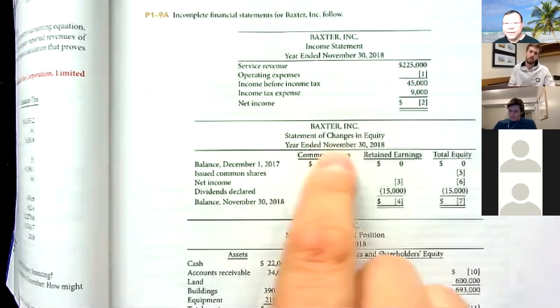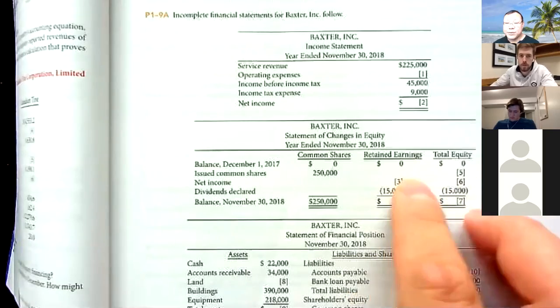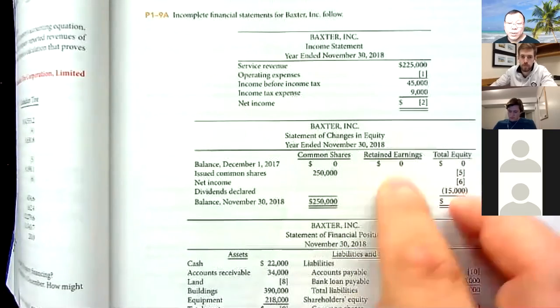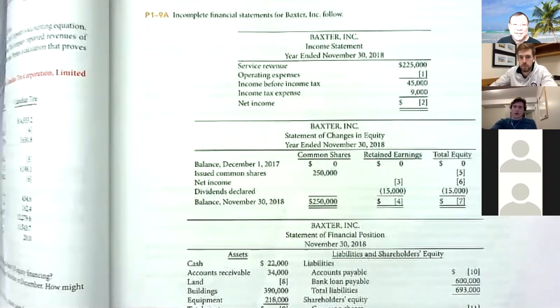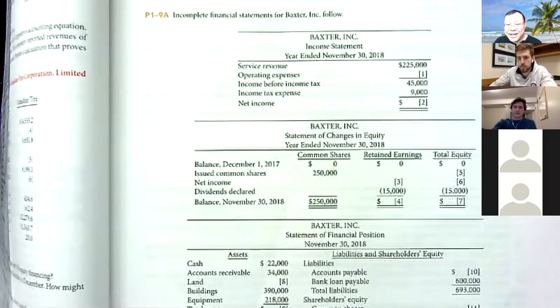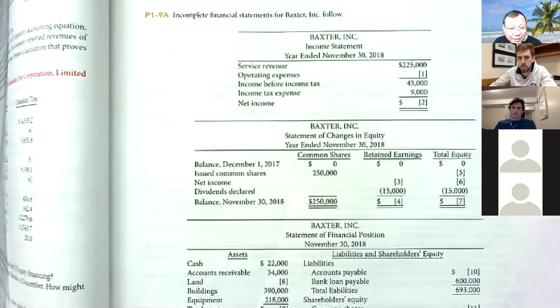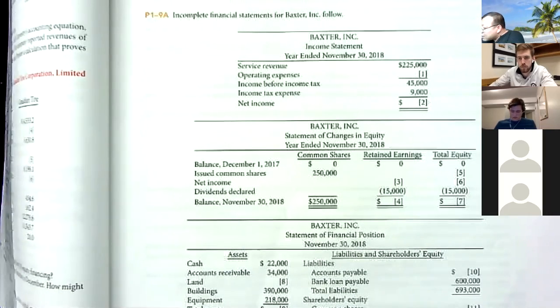Similar ideas, right? For the statement of changes in equity, there are some unfilled spots. You need to figure out what these numbers are. So can you please work on this? Anytime there are brackets, we have to find the number. I think the brackets are numbered from 1 to 13, right?